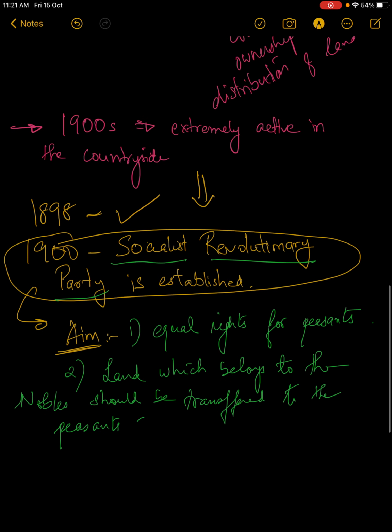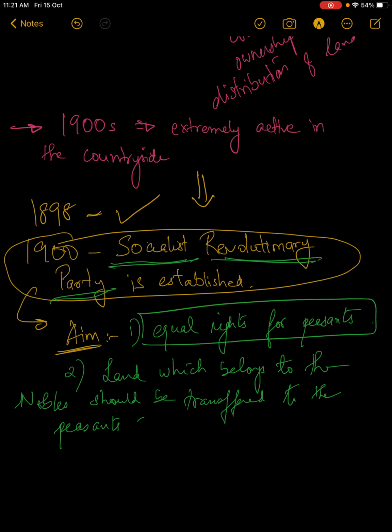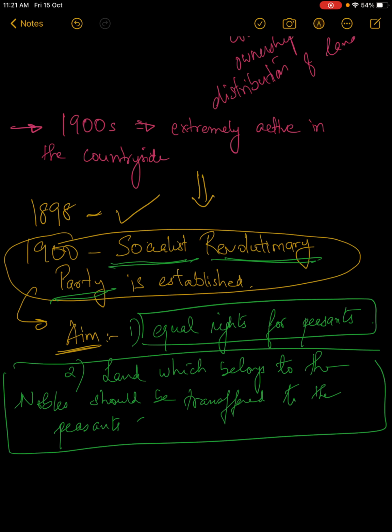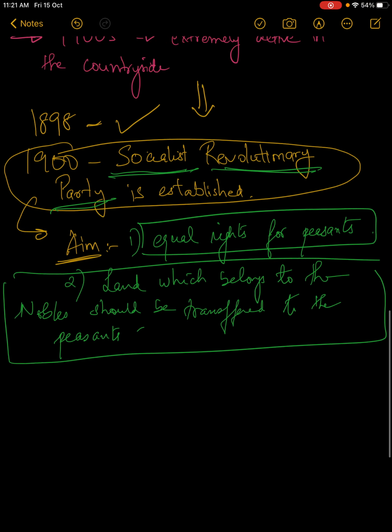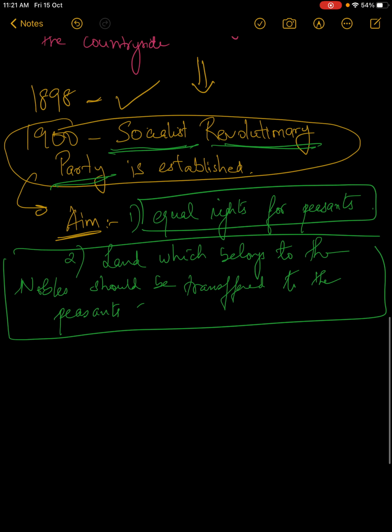So this was the thinking behind the Socialist Revolutionary Party. They demanded equal rights for all peasants, and they said that the land which belongs to the nobles should be transferred to the peasants.